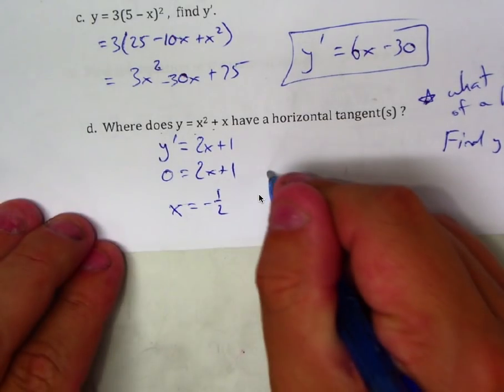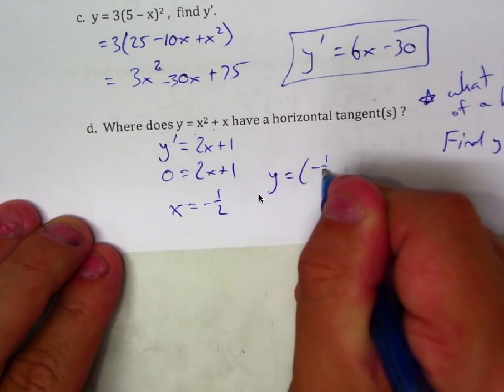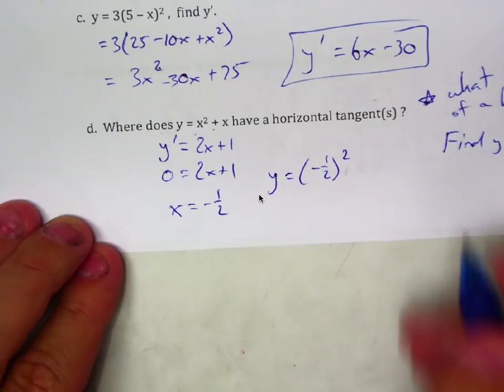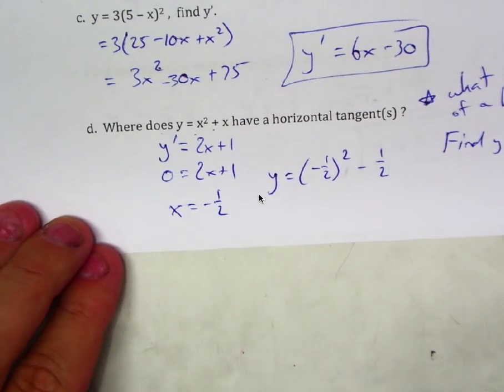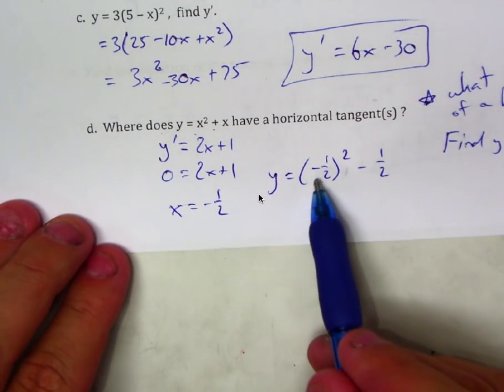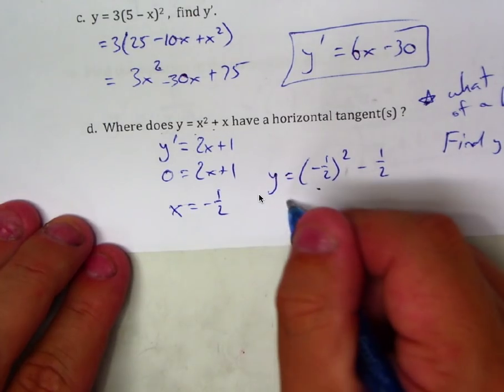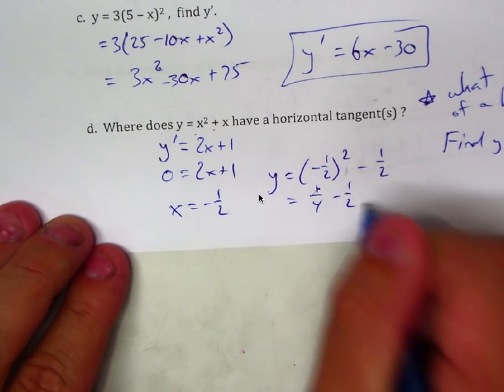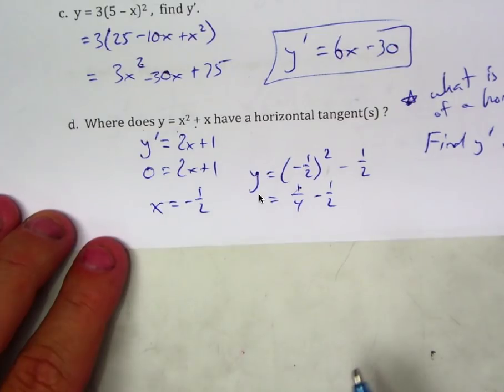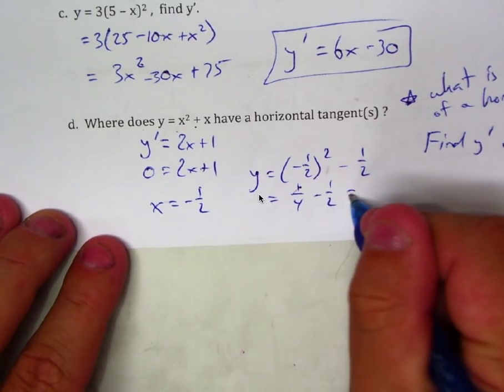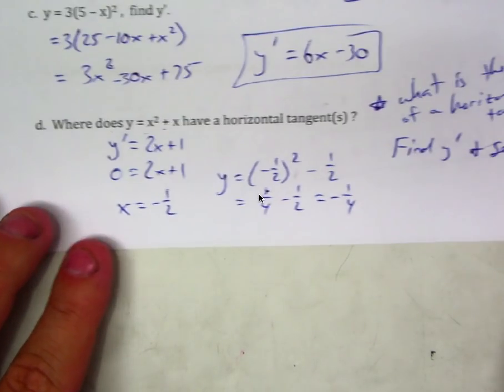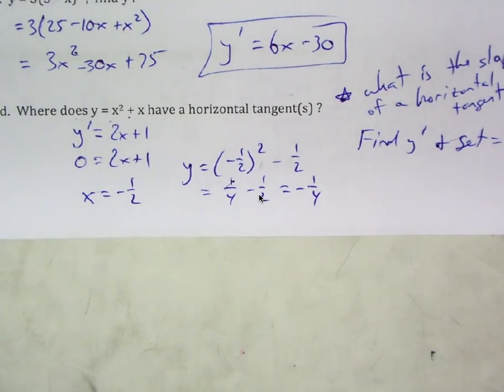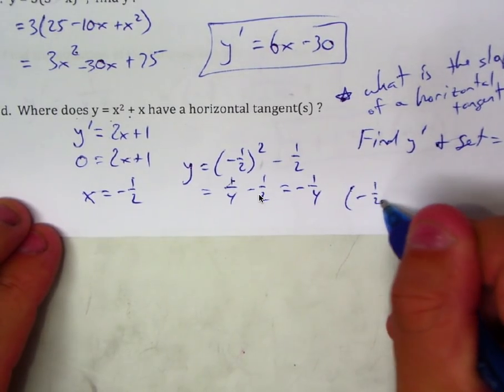So y equals (negative 1/2) squared minus 1/2. So this is going to be positive 1/4 minus 1/2. Get common denominators, and you get negative 1/4. So if the question did say at what ordered pair, at what point does this function have a horizontal tangent, it would be at the point negative 1/2, negative 1/4.